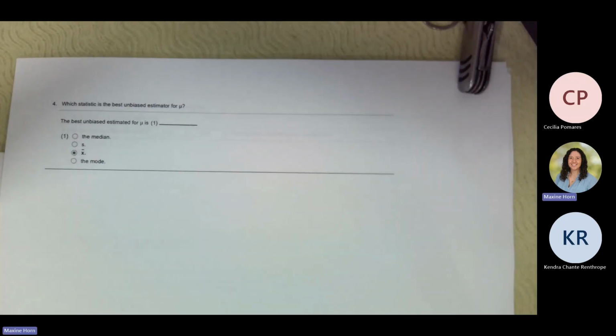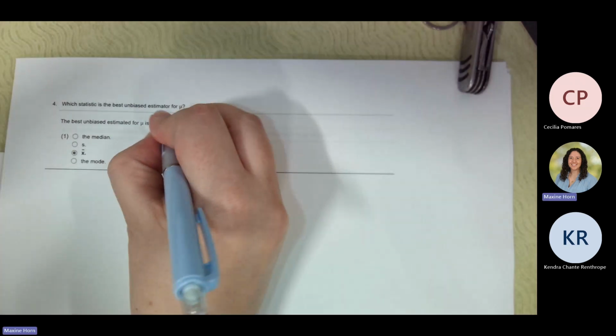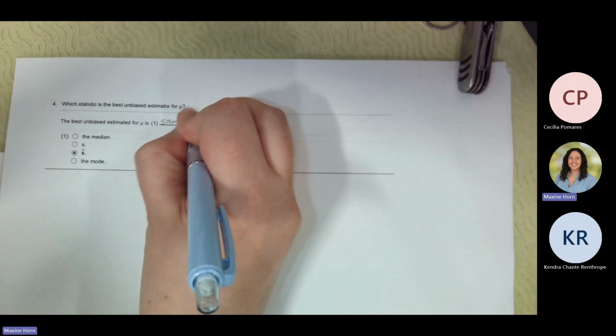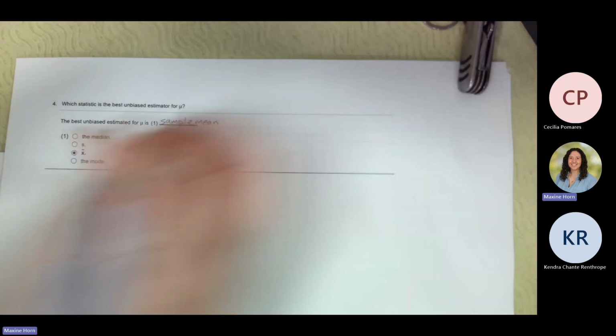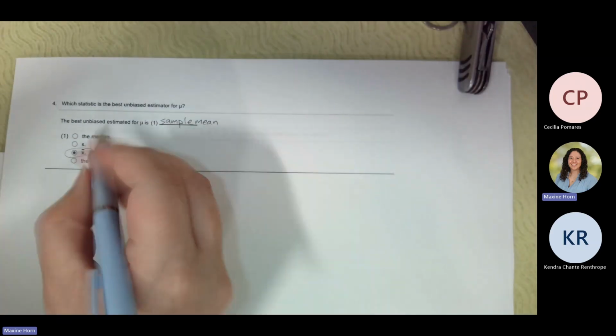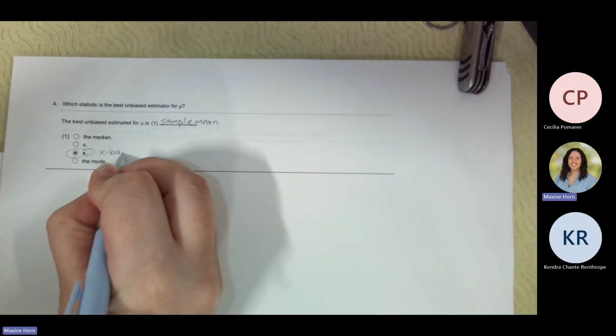Which statistic is the best unbiased estimator for the population mean? And the answer to that is the sample mean. The symbol for that is x bar. So they're just wanting to remind you that the best unbiased estimator for the population mean is the sample mean.